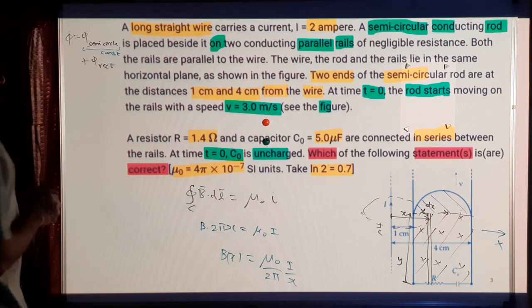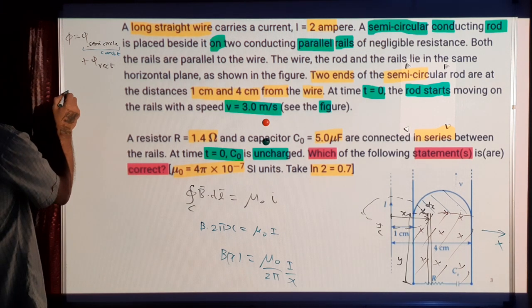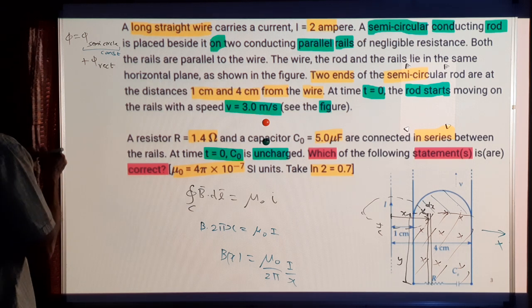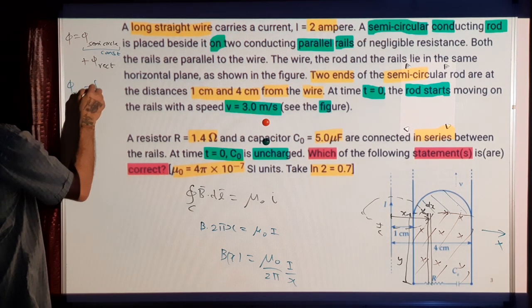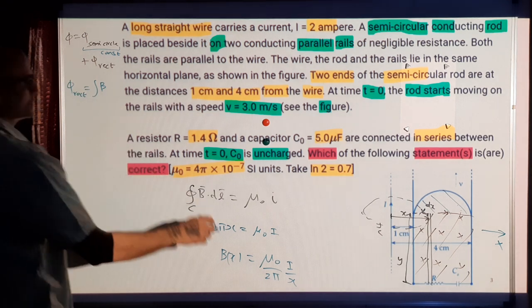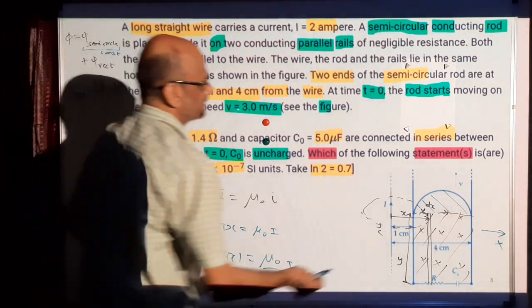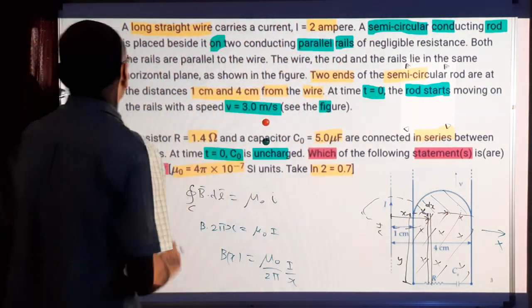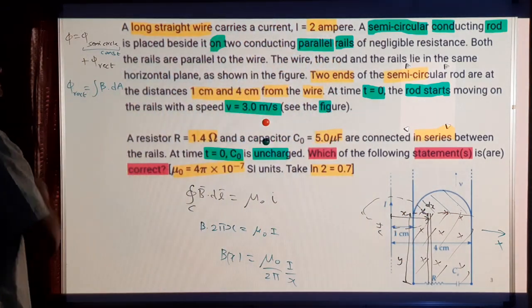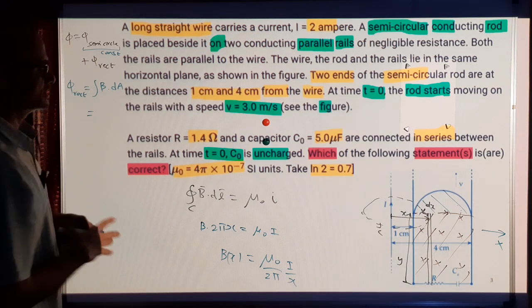So the flux here, of the rectangular part, is integral B as a function of x dot dA, and this area vector and B are in the same direction. So B dot dA is B into dA into cos 0, and B as a function of x is this one.